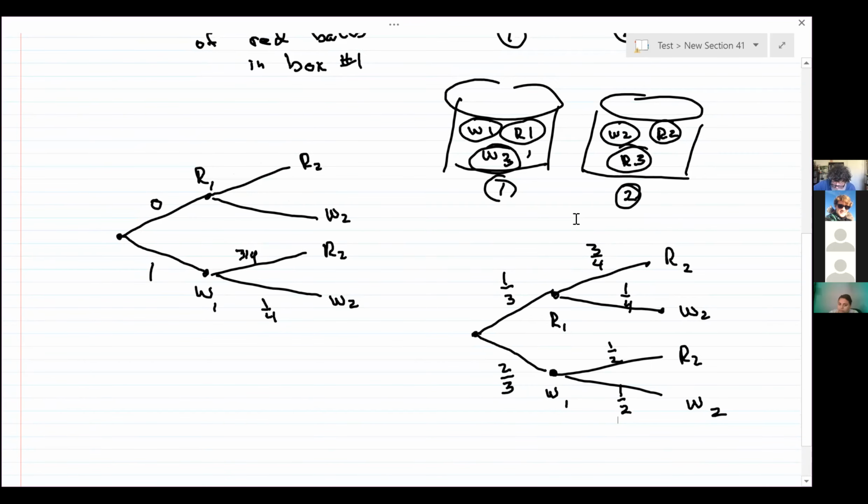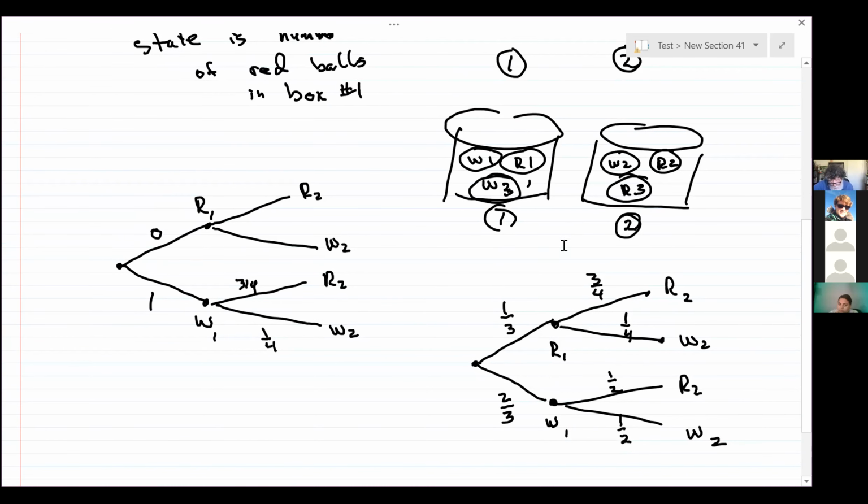Okay, now, what happens? In this case, we removed a red ball and put a red ball back. So in this case, we'd be coming back to having 1 red ball in container 1.